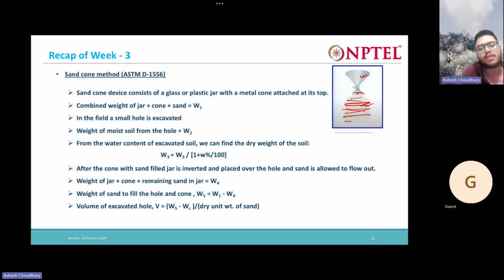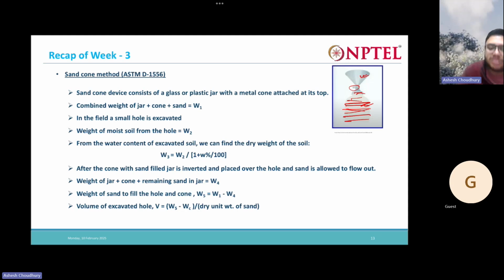After that, we have got a hole. You invert the jar with the cone into that hole and open the valve. As soon as you open the valve, sand pours out and fills that hole.